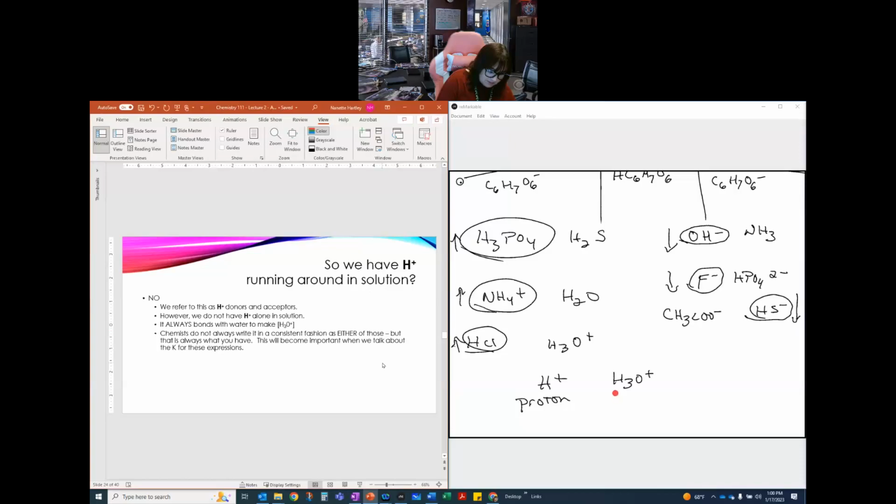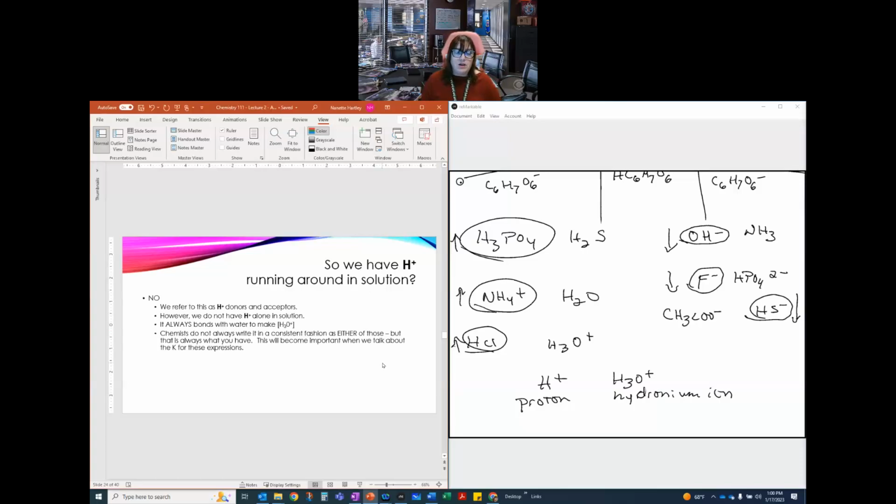H3O+ is a hydronium ion. So I have a proton attached to a water. That's a hydronium ion. Now, does H+ actually exist? No, it does not. Okay, it never exists on its own. It's always attached to H2O and always is therefore the hydronium ion H3O+.